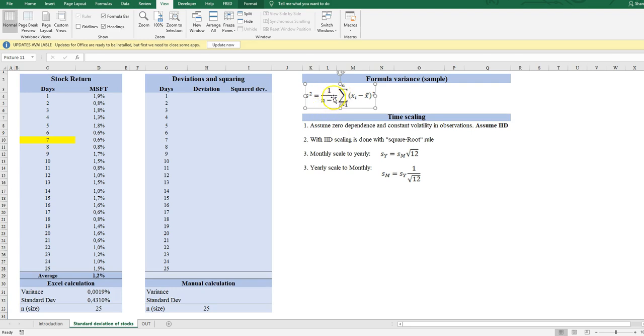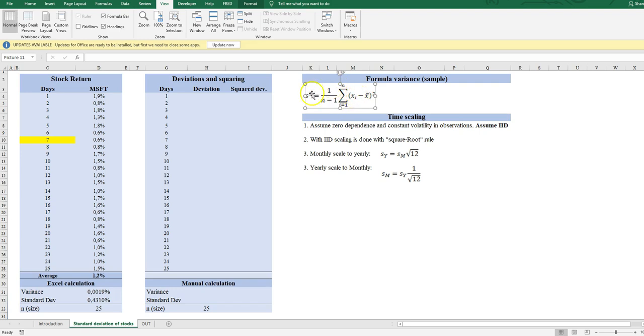The reason why we have to adjust with a minus 1 is because normally when we calculate the variance of a sample or standard deviation for that matter, we would like to have an unbiased estimate of a true population variance.